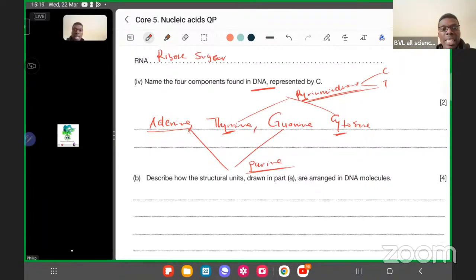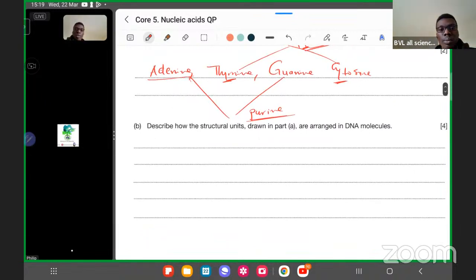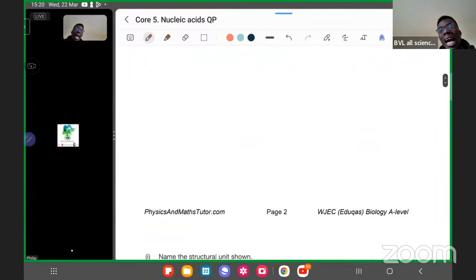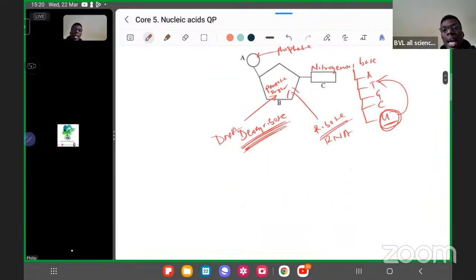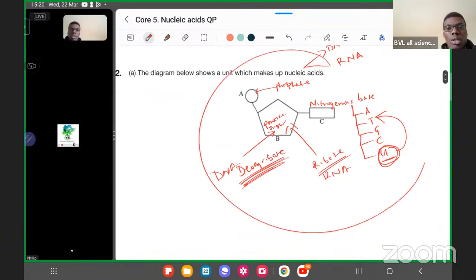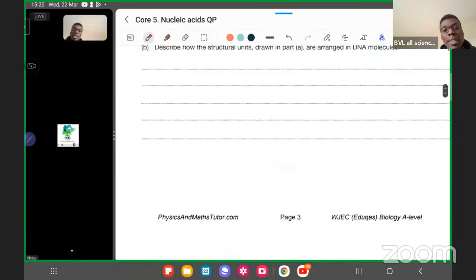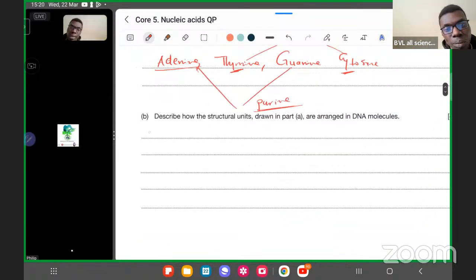All right. It says here, describe how the structural units drawn in A are arranged in DNA. So it's telling you, how does this structure form a DNA? So let's talk about that.